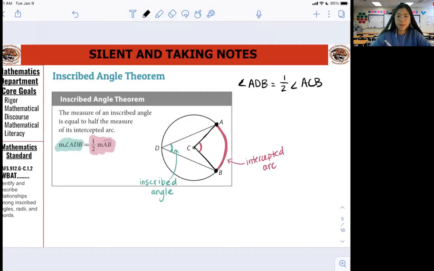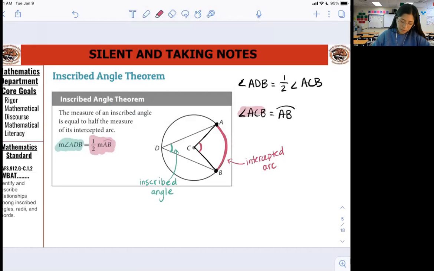ADB is half of ACB. Then we also know that angle ACB is equal to arc AB. Those are equal to each other.